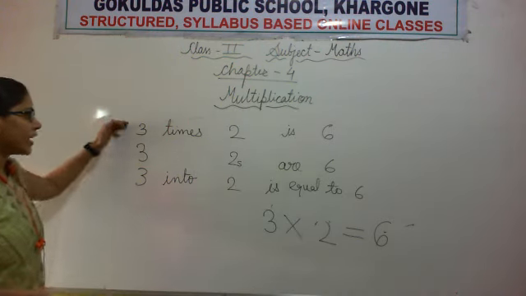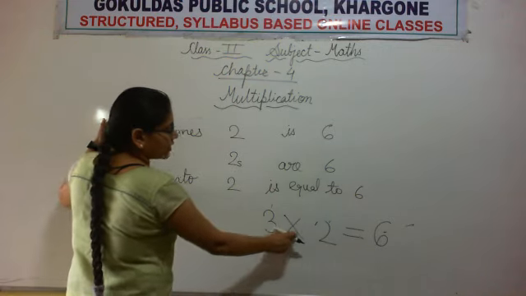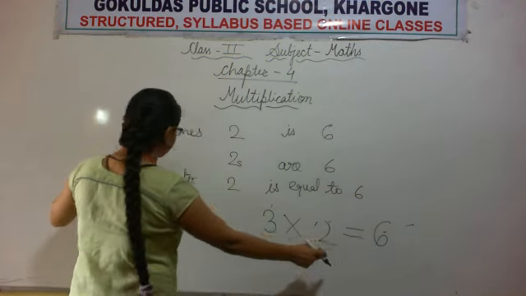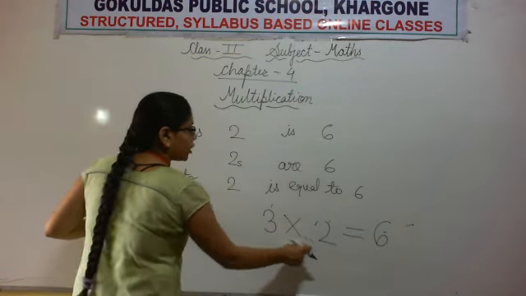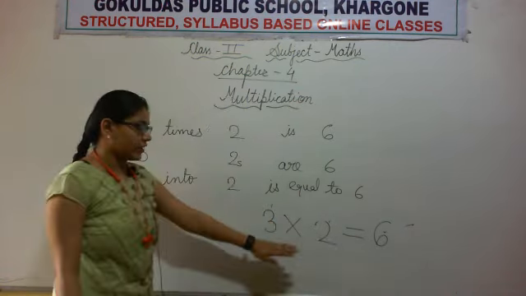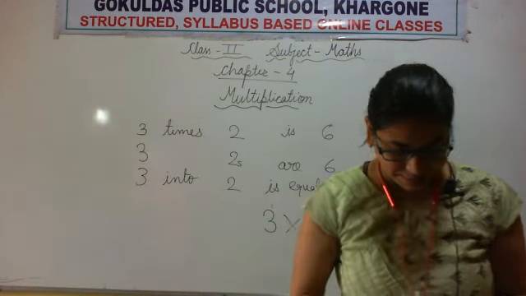So these are some ways of representing: 3 times 2 is 6, 3 2's are 6, and 3 into 2 is equal to 6.